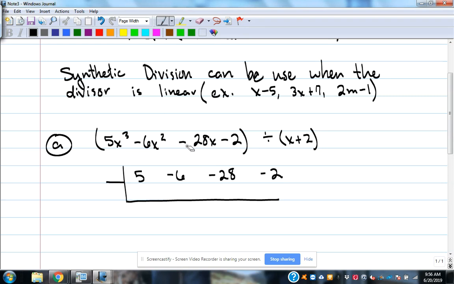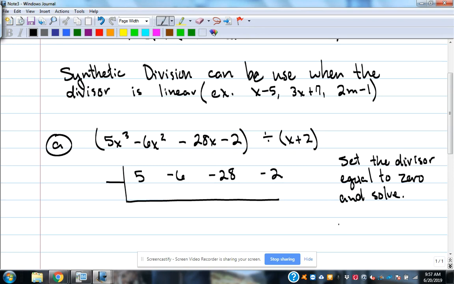Okay. Now, if there were a missing piece, you would put a 0 in its place, just like we did with the long division. So that's the continuation of that. Now, the next thing we need is the number that goes on the shelf. To get the number on the shelf, you want to set the divisor equal to 0 and solve.